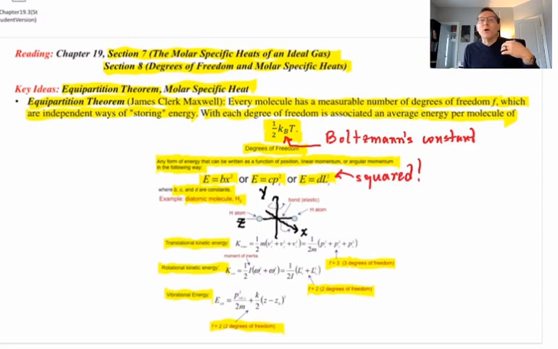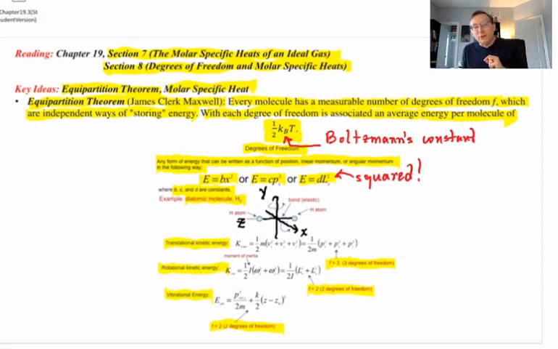Now you could have what are called polyatomic molecules. We won't spend a lot of time talking about them, but that means any molecule with 3 or more atoms bonded together. In that case, things get even a little bit more complicated, but I'll just talk you briefly through. For the translation of the molecule as a whole through space, you have 3 degrees of freedom because it's 3-dimensional space.